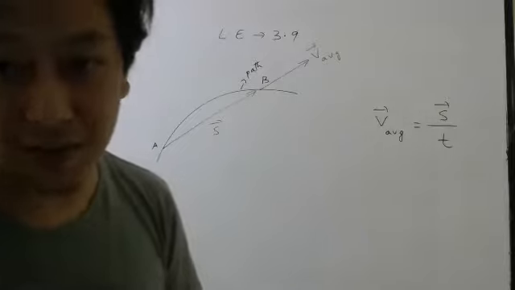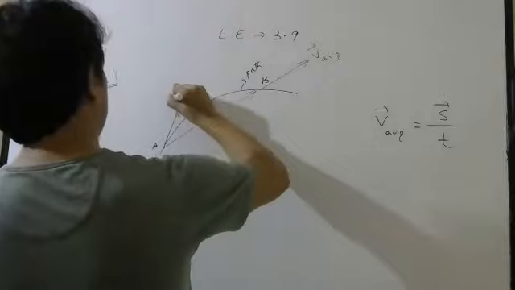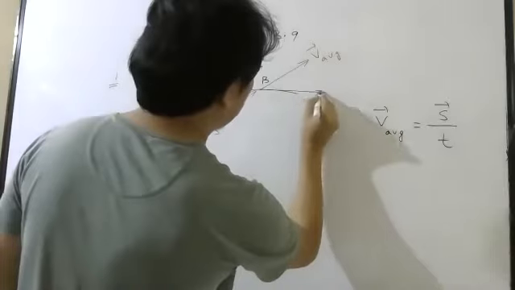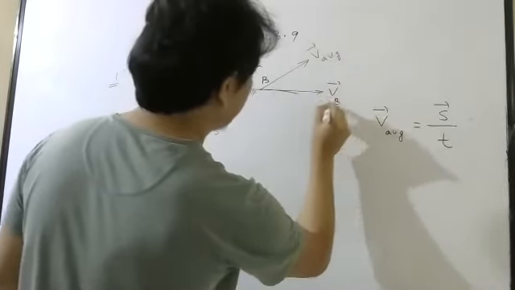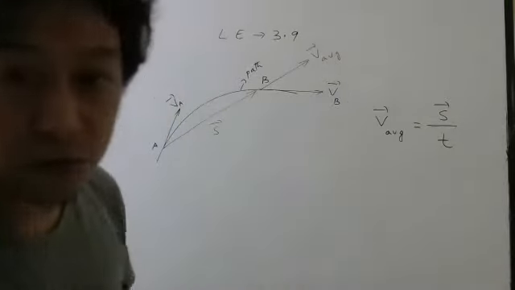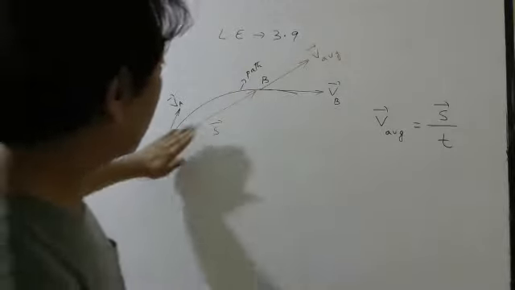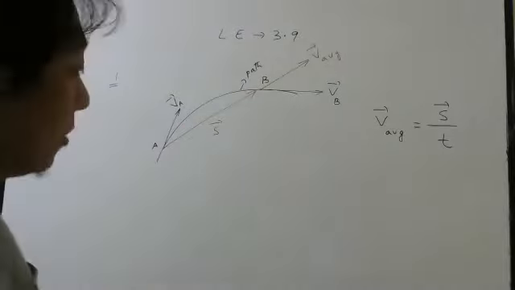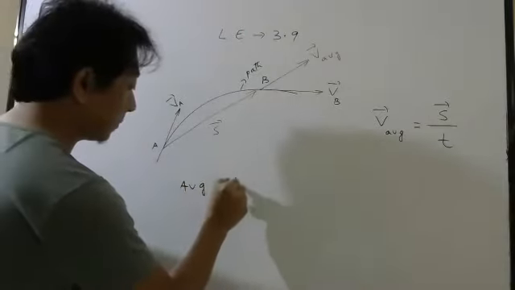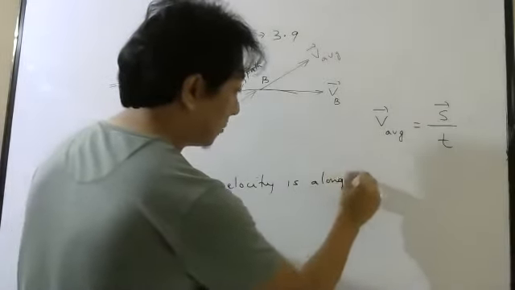But instantaneous velocity is always found by drawing what? Tangent. So this is instantaneous velocity here, and this is instantaneous velocity here. So this is how you have to know the difference between direction of instantaneous velocity and average velocity. In words, if you want to write, average velocity is along displacement vector.